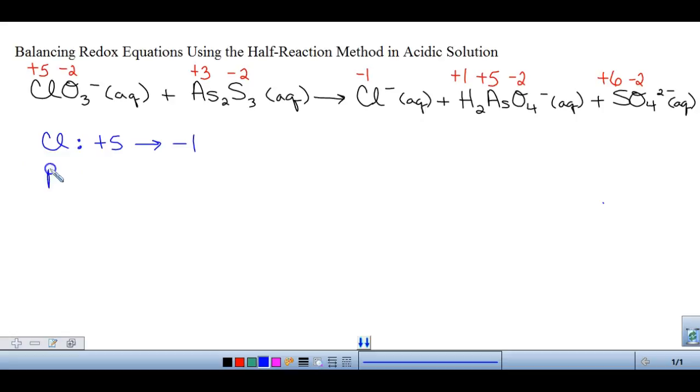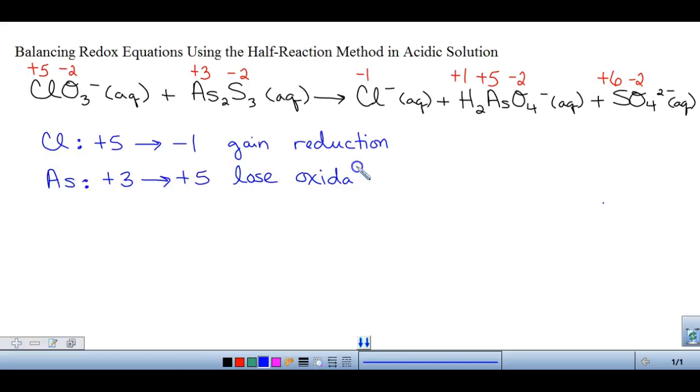And then we had arsenic that went from +3 to +5. In order to go from +5 to -1, you have to gain electrons. So there's our reduction half. And to go from +3 to +5, you would have to lose electrons. So there's our oxidation half.